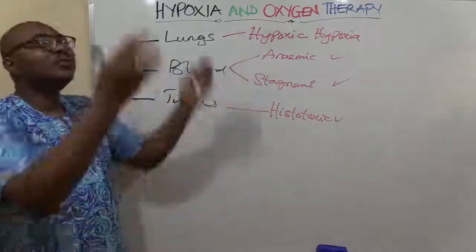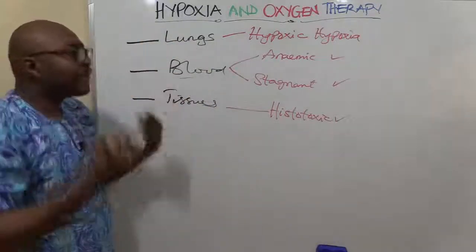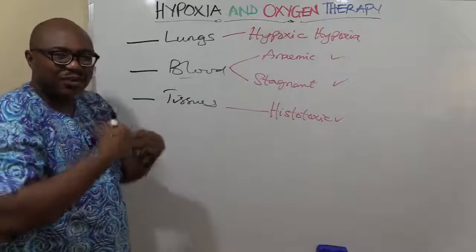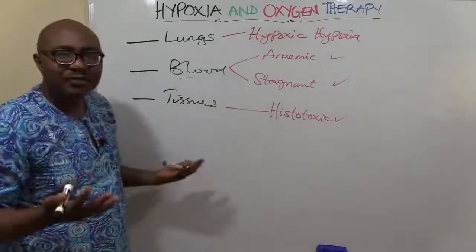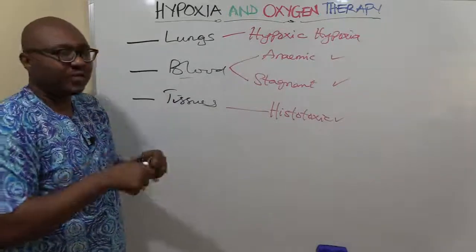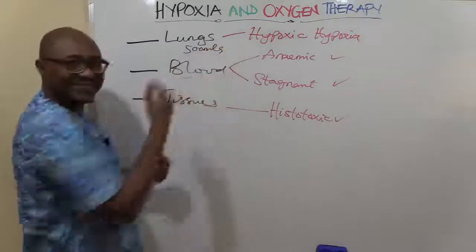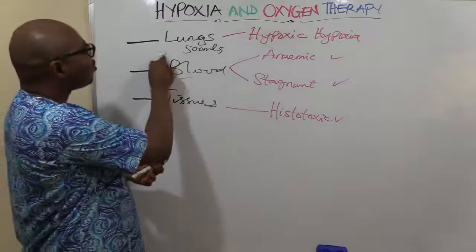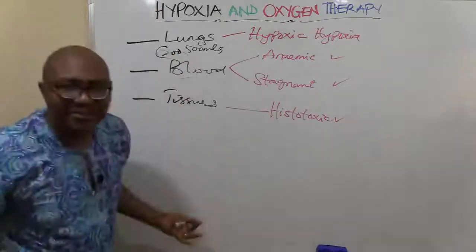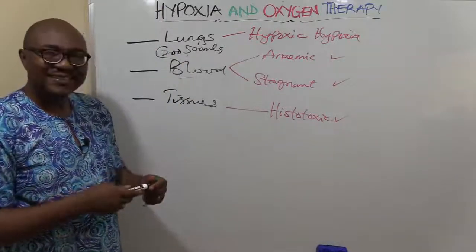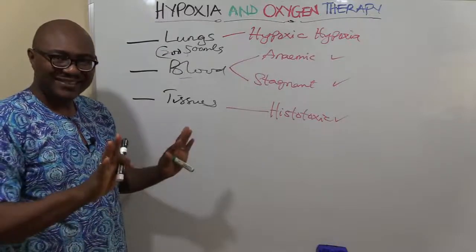Another thing too, even if there is enough oxygen in the atmosphere, but you have a respiratory problem, for example asthma, you cannot take in enough. So instead of the normal tidal volume of 500 mils, you're taking in maybe 200. It doesn't give you enough oxygen in your blood. Do you understand that now?